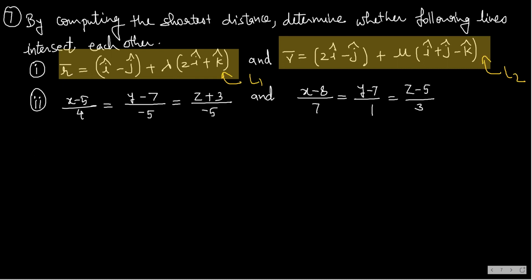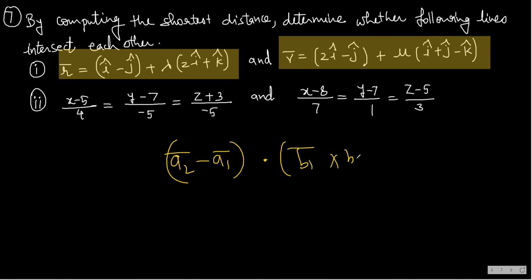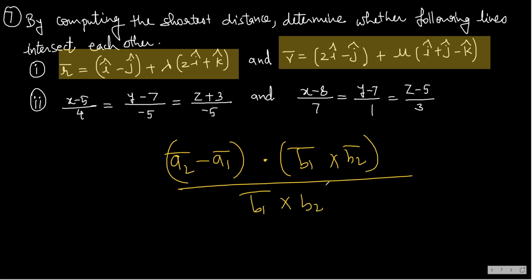If I get the shortest distance equal to 0, then I will say that the two lines are intersecting each other. The formula you know: (A2 bar minus A1 bar) dot (B1 bar cross B2 bar) upon mod of B1 bar cross B2 bar. This is how you will do it.